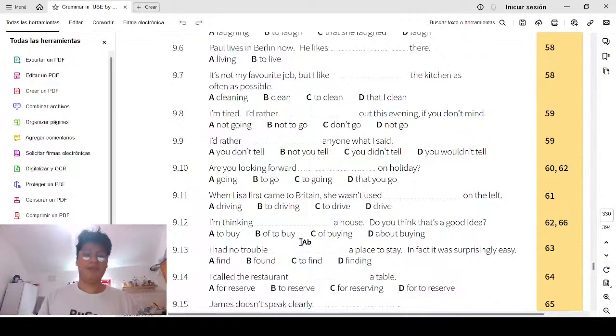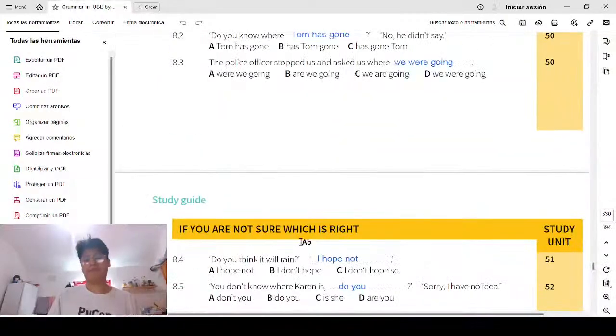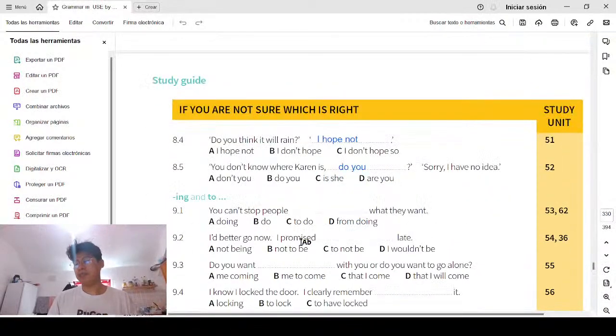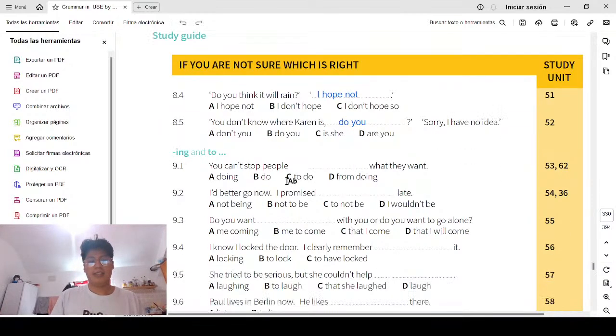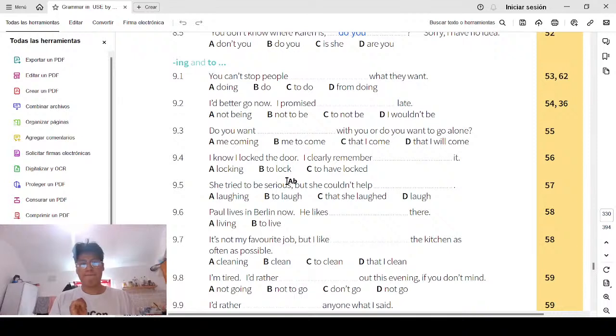Damn, that's complicated. I can't stop people doing what they want. I can't stop people do what they want, or I can't stop people to do what they want, or I can't stop people from doing what they want.